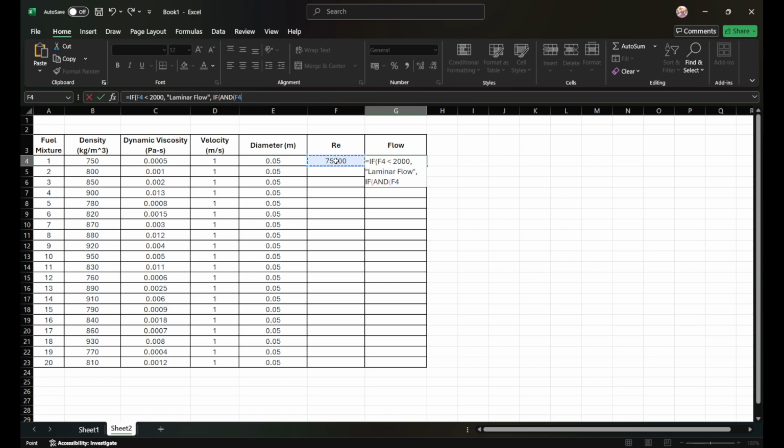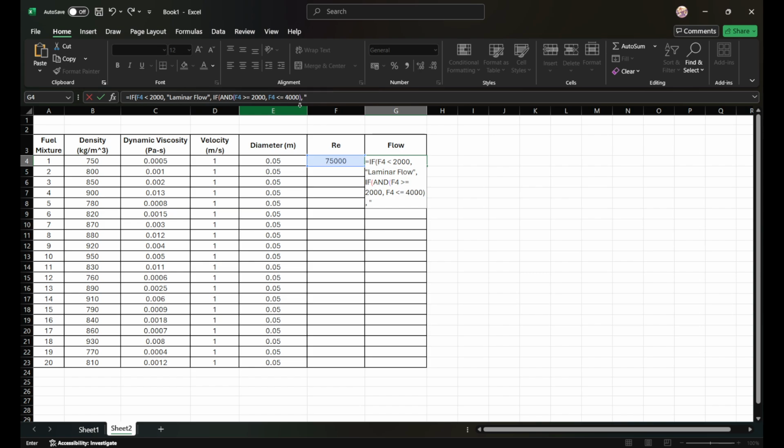And I guess we choose if it is greater than or equal to 2000, and then this, if it's less than or equal to 4000.